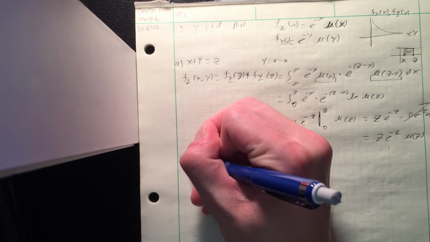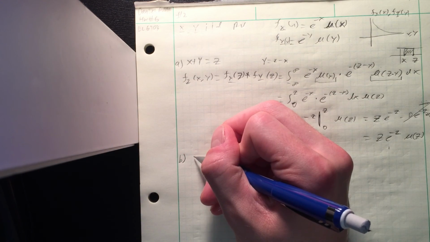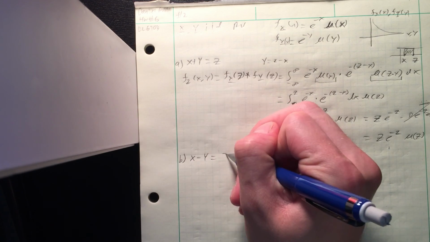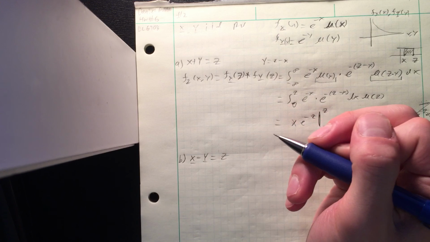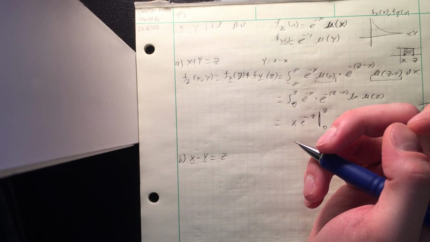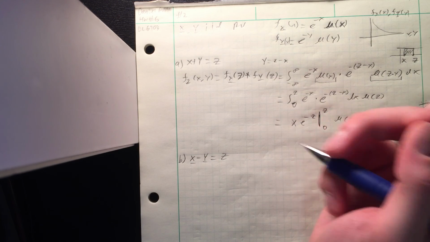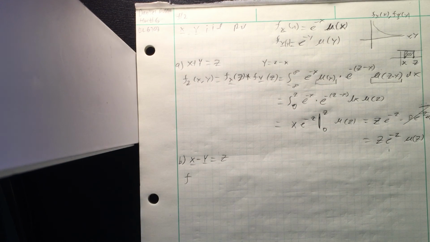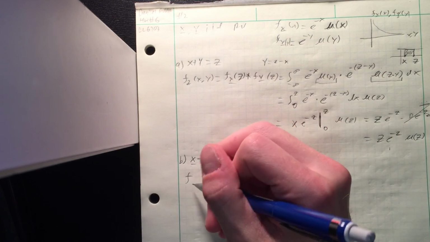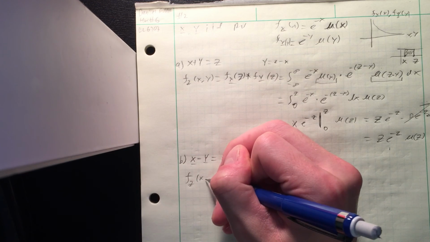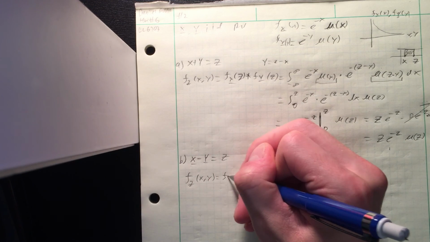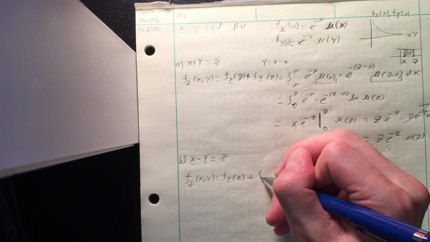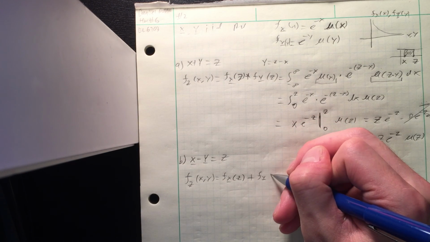And for part B, we're given x minus y, and we'll make that equal to z. Similarly, we will find f of z through convolution of f of x of z with f of y of z.